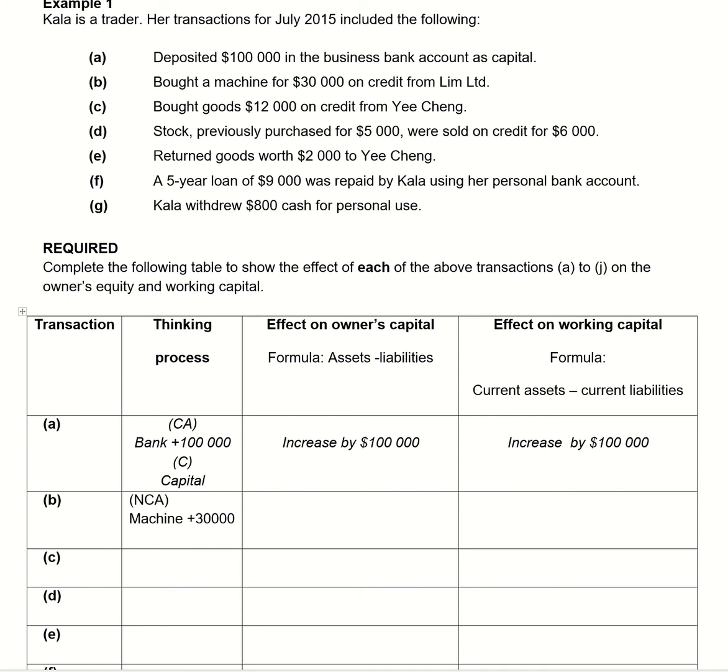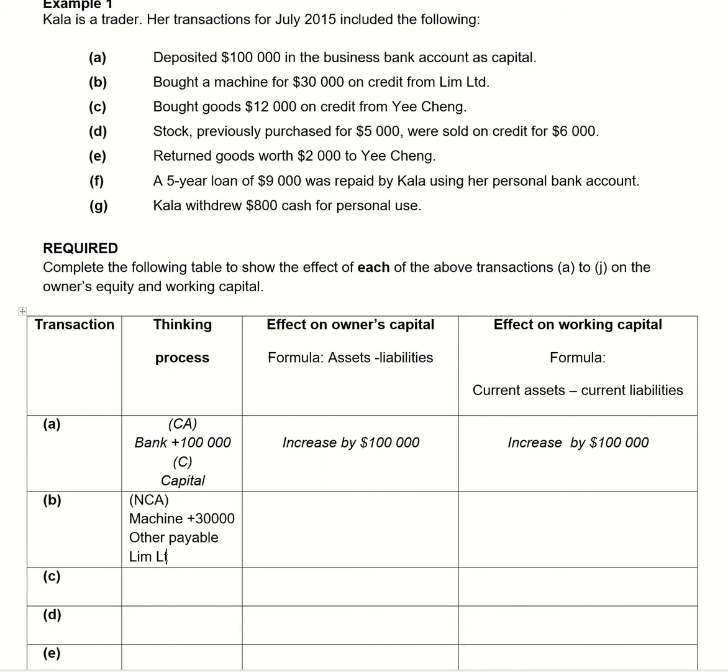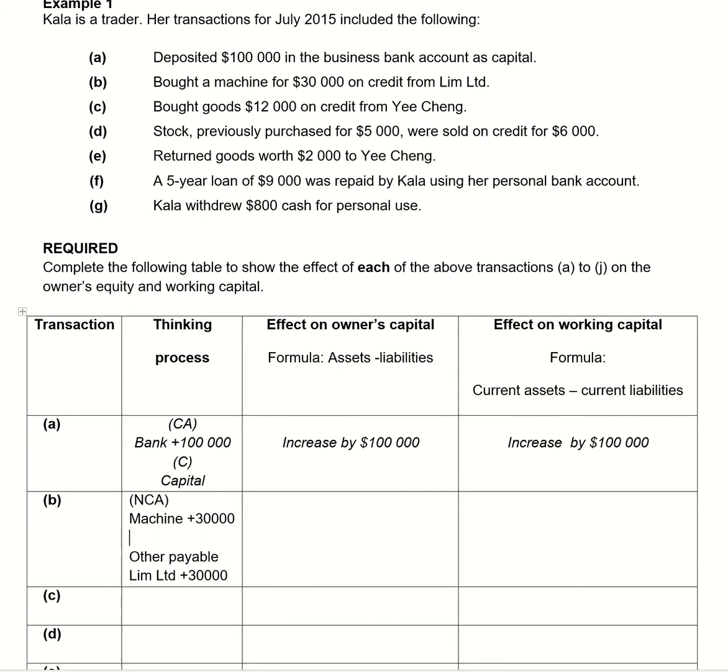If we buy on credit, we have not paid them the money, so we call them our other payable, Lim Limited. Do we owe them more or less money? We are owing them more money. How much do we owe them? 30,000. And other payable is a current liability.